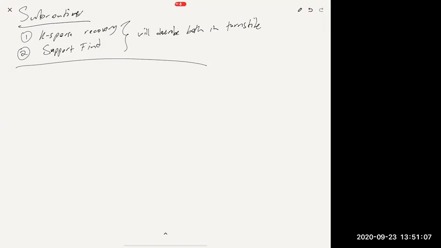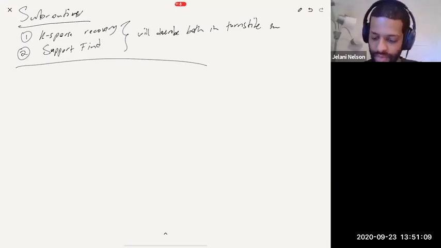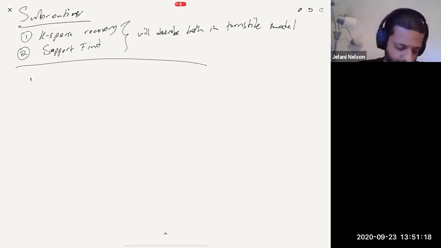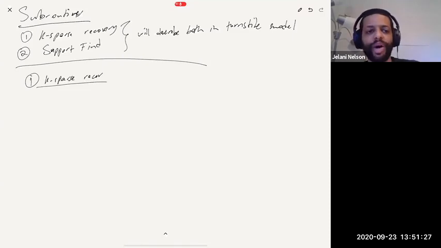I'll describe both of these problems in the turnstile model. We need it for strict turnstile, but the solution is basically the same for both. So what are these problems? So k-sparse recovery. I mean, we know what the update model is, right? In turnstile, the update model is given.